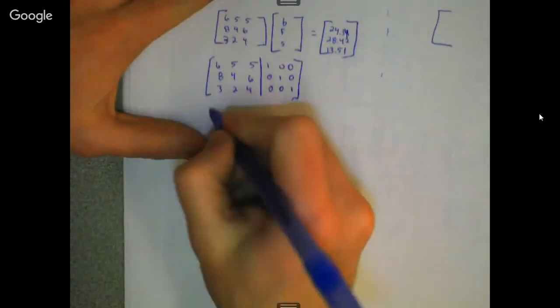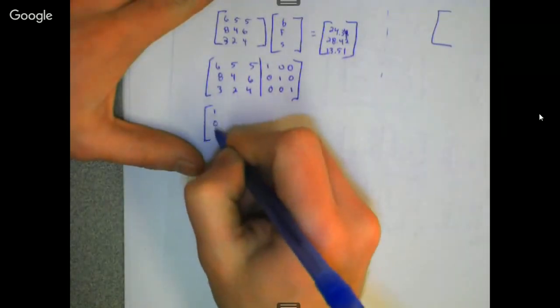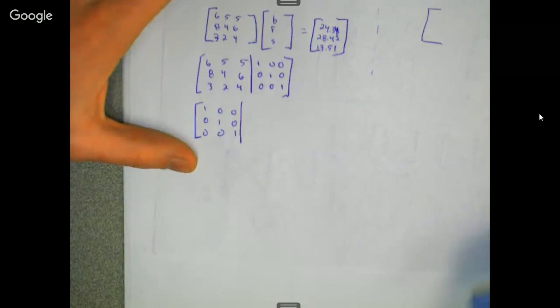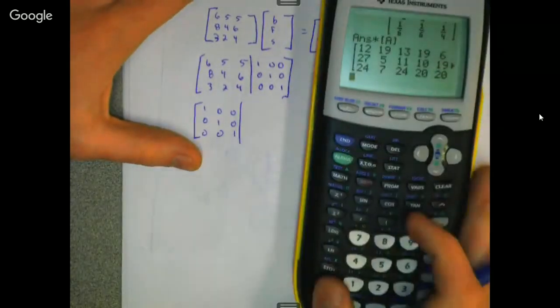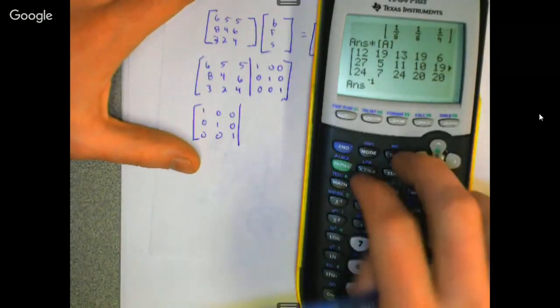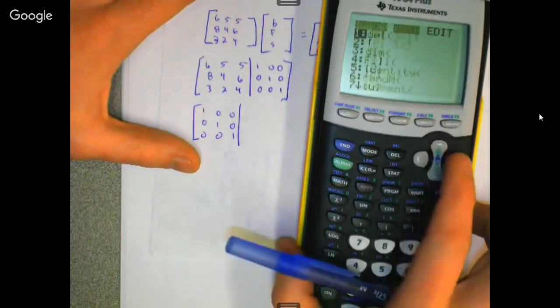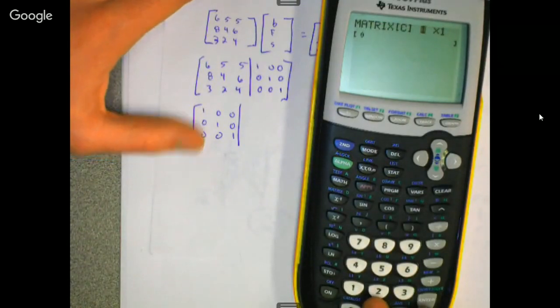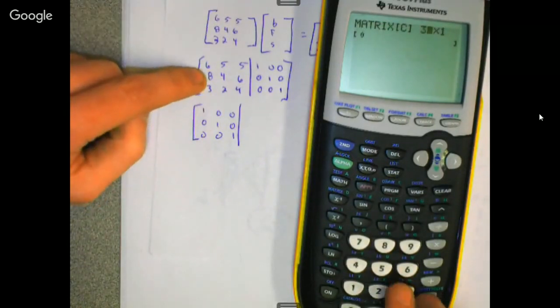So to save a little bit of time, we're going to do this on the calculator, and I'm going to show you maybe how you can check your solutions here. So we're going to go to Matrix, Edit, and let's just put this in C here. And then I want 3 by 3.